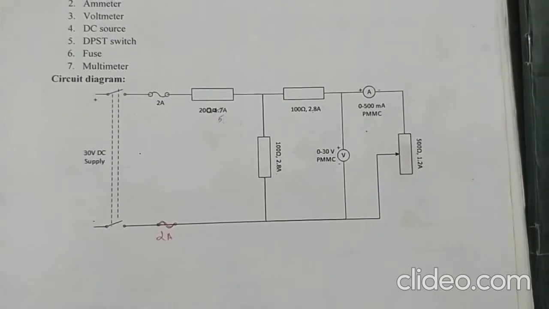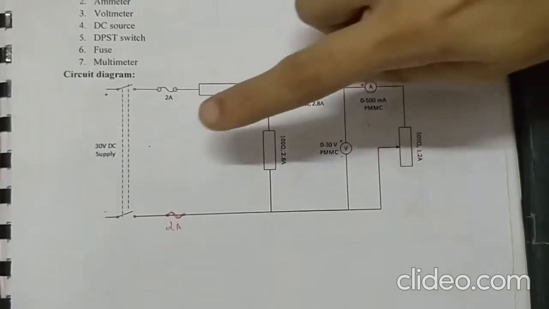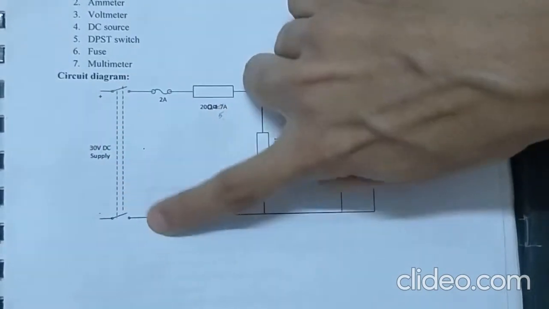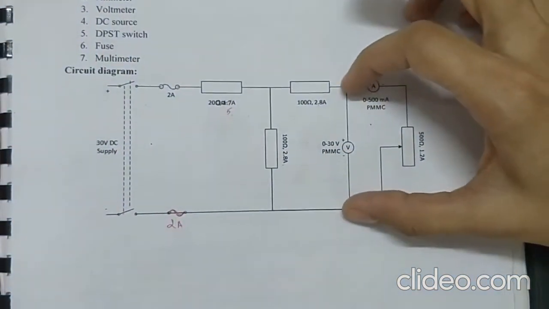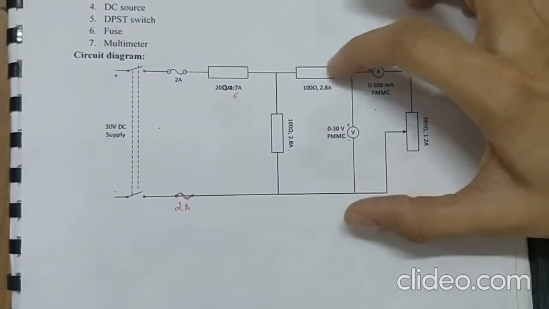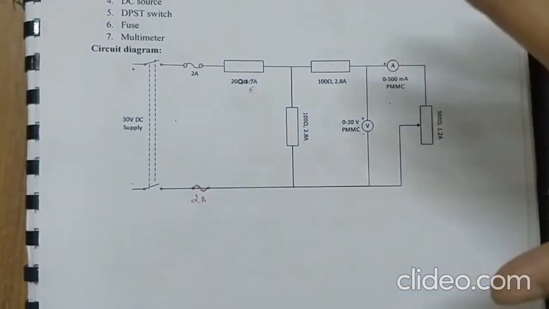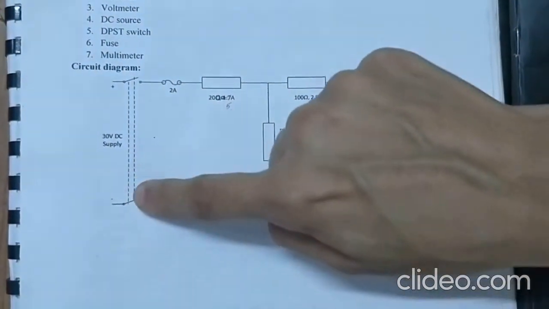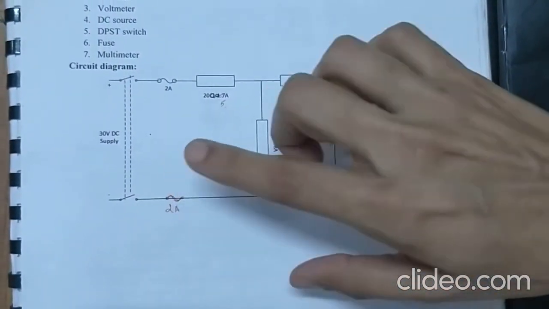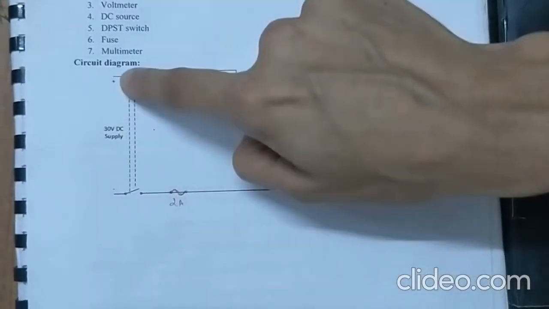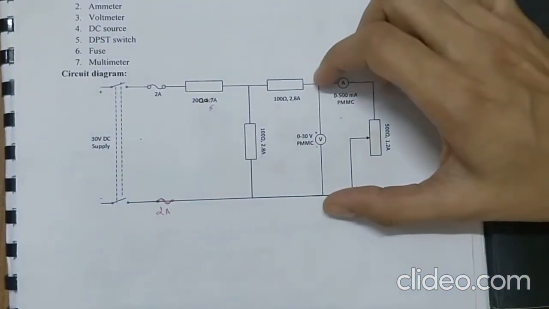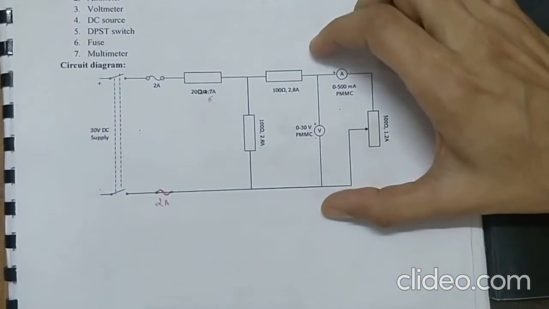Now we will short circuit the supply terminals, and over here we will use a multimeter to find the Thevenin resistance. This is another method, following the concept of the theoretical finding of RTH, where we short circuit the voltage source and find the Thevenin resistance across the load terminals.